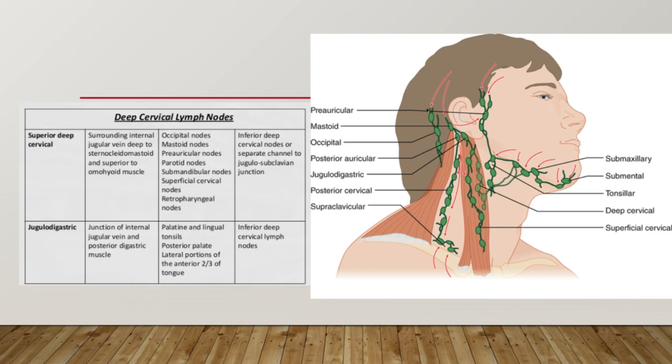As we said before, the superficial group of lymph nodes such as the occipital, the mastoid, the preauricular and the parotid all drain to the superior deep cervical lymph nodes, along with the submandibular and the superficial cervical lymph nodes.